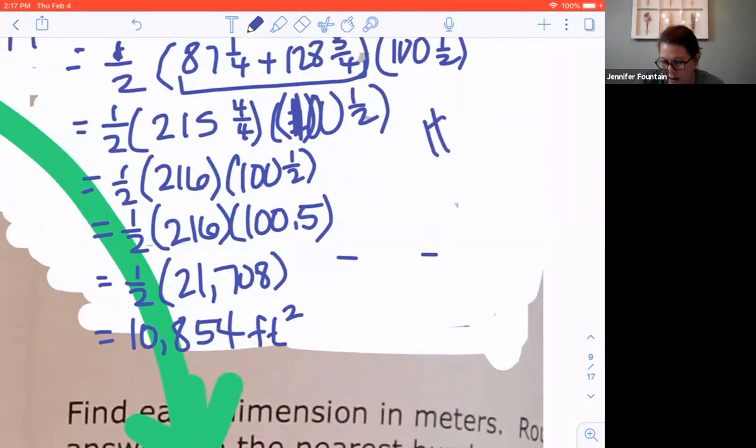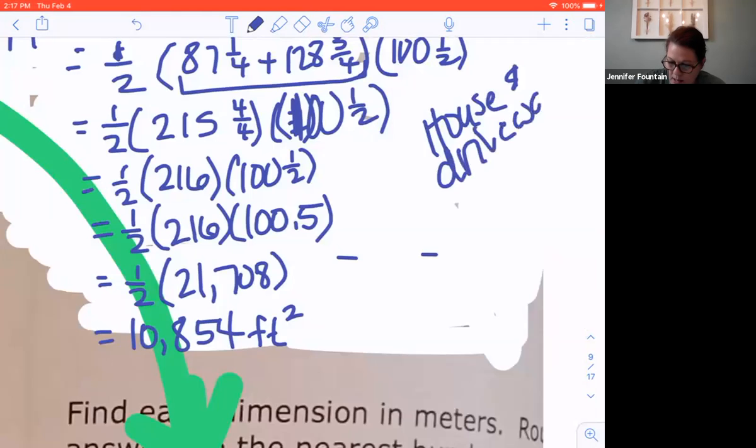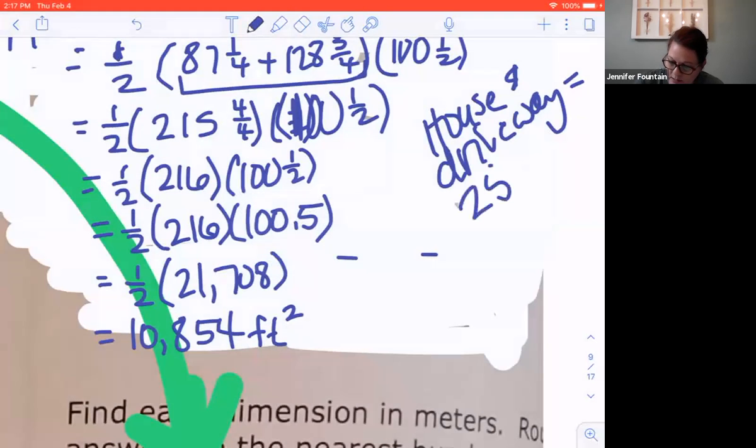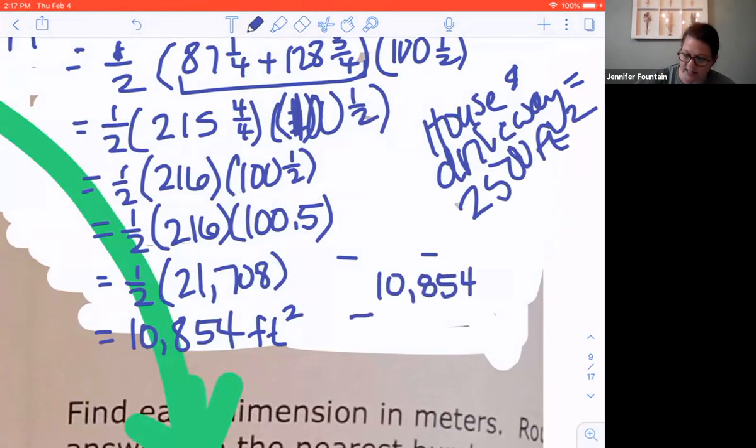So we said house and driveway equal 2,500 feet squared. So I'm going to need to take 10,854 and subtract 2,500. 4 minus 0 is 4, 5 minus 0 is 5, 8 minus 5 is 3, and 10 minus 2 is 8.